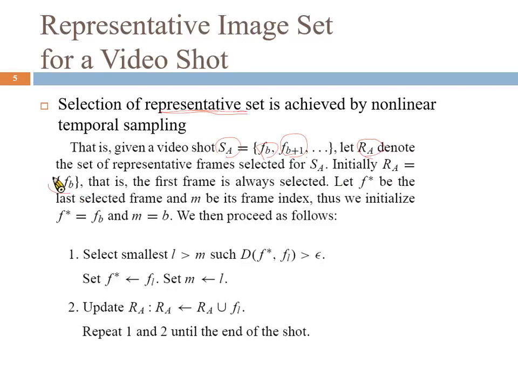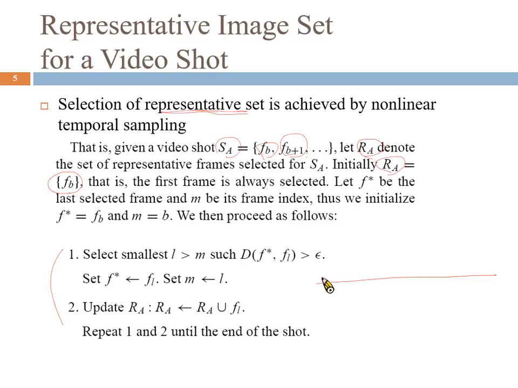Initially, we pick FB into this set, and then we compare the following frames to see whether the frame is significantly different from the currently selected keyframes. If so, we pick the new one into this set and update the set. Okay, so basically the algorithm is quite simple, and the idea is quite simple.